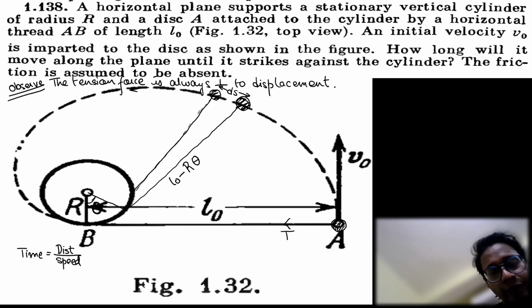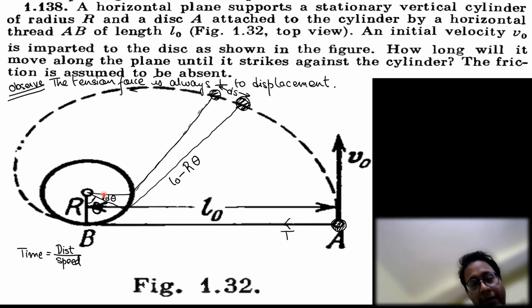If we join this portion to the center of the circle and make this angle d theta, can I say this ds is equal to this length into d theta? Now we'll say why.